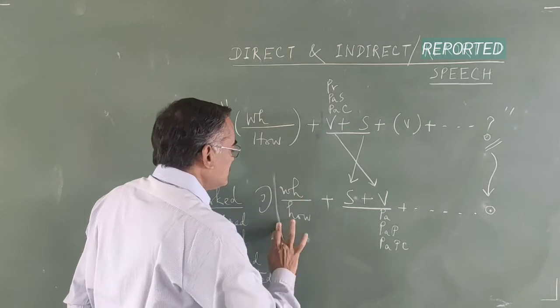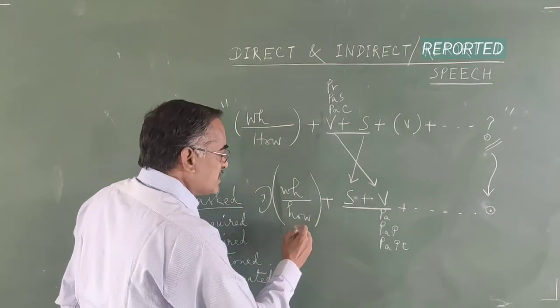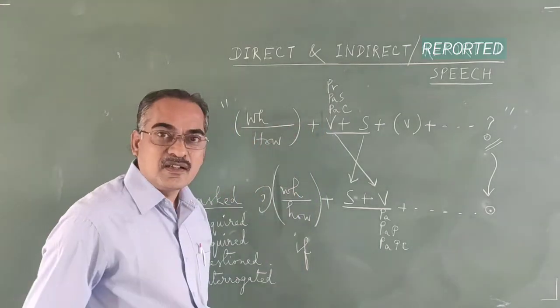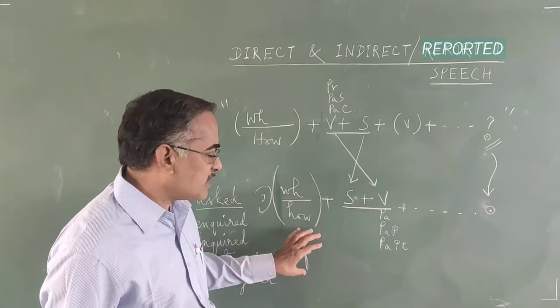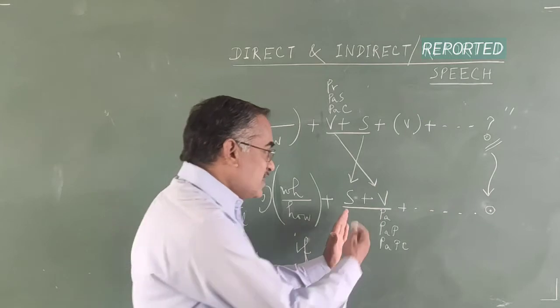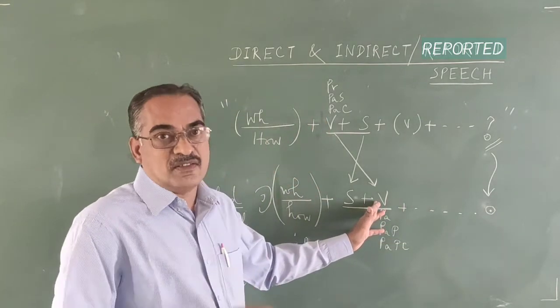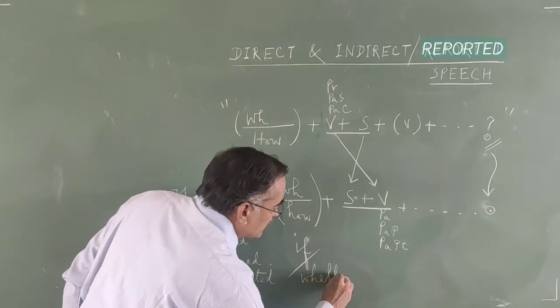Instead, let me put a bracket here. Instead, we will be using the word if. If it is a yes or no type question, we will use the conjunction if. In place of this, we will write if. In case the verb here is negative, I mean if it has the word not, then we will go for whether instead of if.